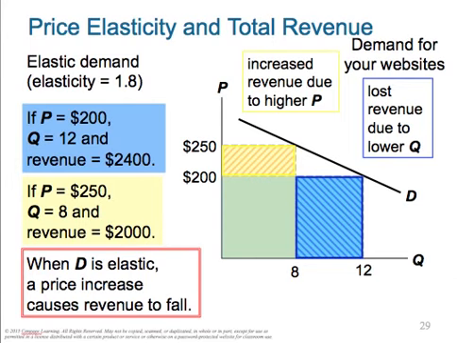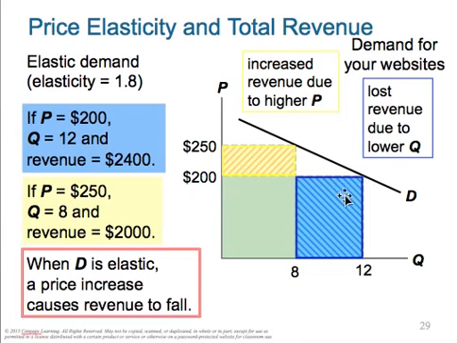Increased revenue due to the higher price, you see here in yellow. You went from 200 to 250. Again, before, you were selling websites at $200 with this demand curve, and you were selling 12 websites, I believe it said, a month. So 200 times 12 with this overall box right here.